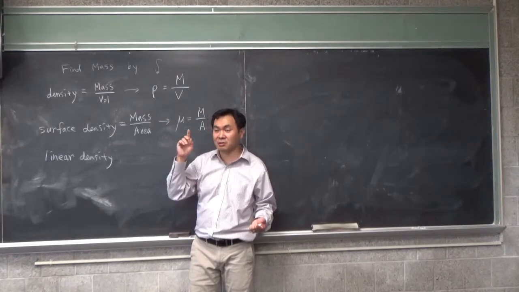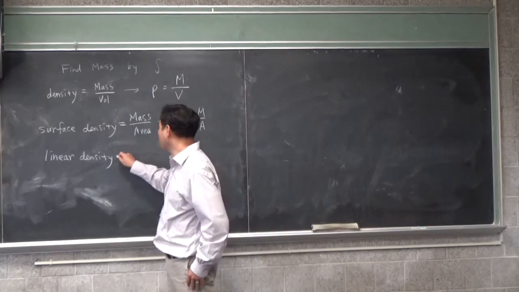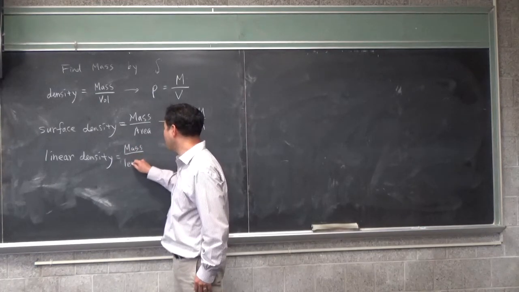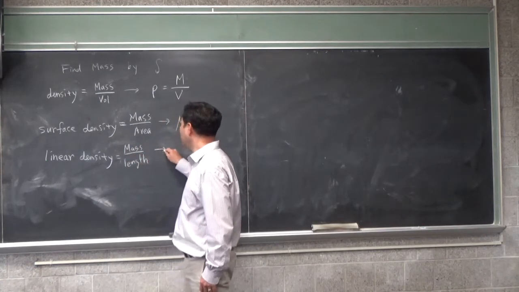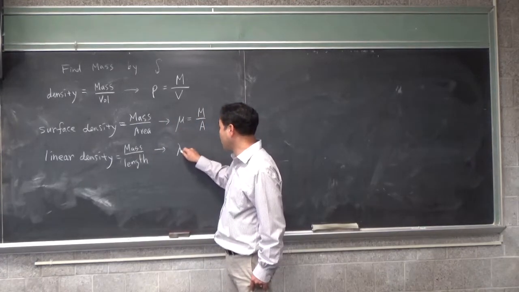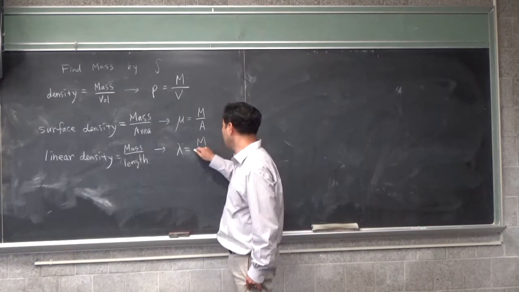You're dividing the mass by the length, that's called linear density, right? So linear density will be mass over length. And the usual letter people use for linear density is lambda. And lambda is equal to mass divided by length.